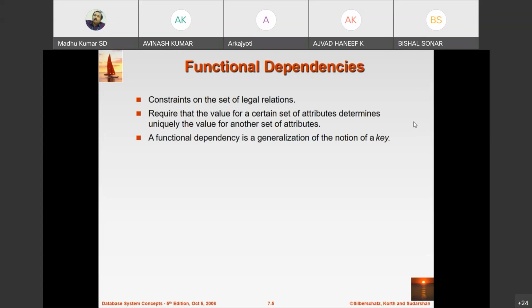Can we say that roll number determines mobile number? I think no, sir, because a particular student can have more than one mobile number at the same time. But in the table, you will have only one mobile number entered, isn't it? Sir, then we can select it.